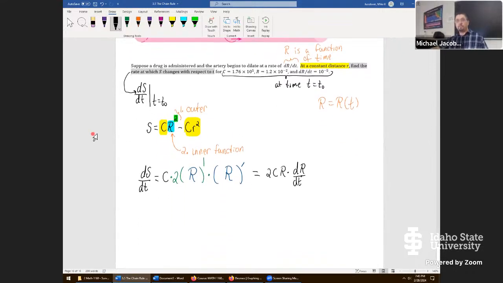So last step, let's move down to ds dt. Now it's evaluated at some time t naught, where all of these constants are in effect. C was a constant the whole time, so it always had this value right here. Let's plug it in for the 2 times this constant, 1.76 times 10 to the power of 5.